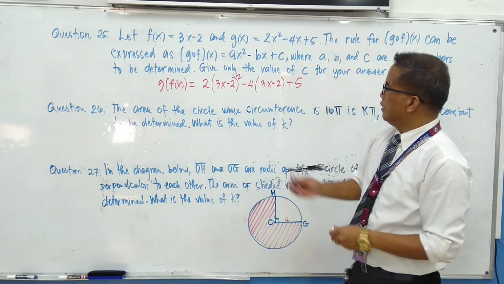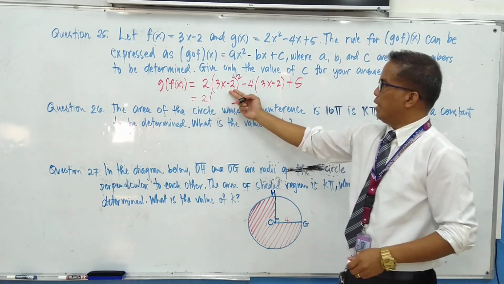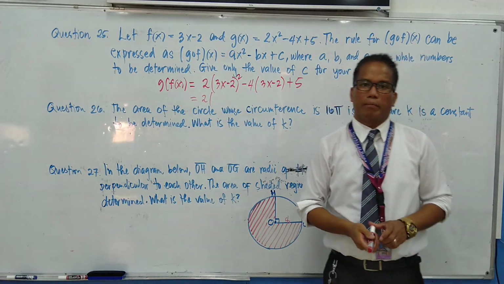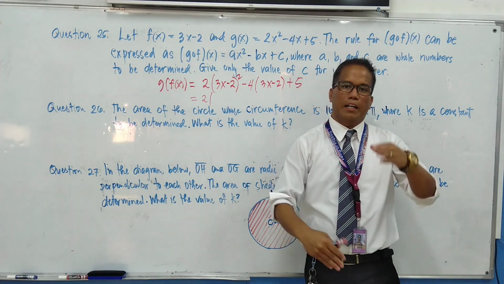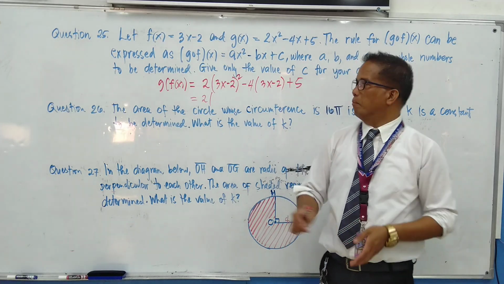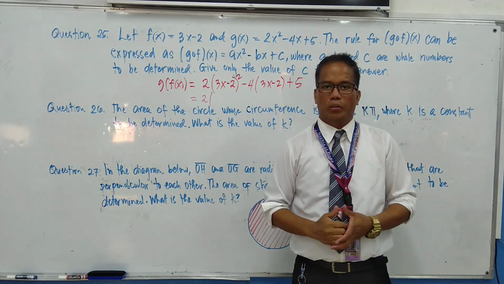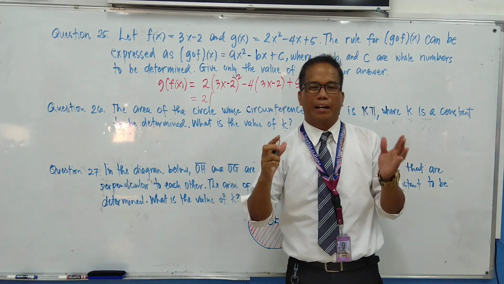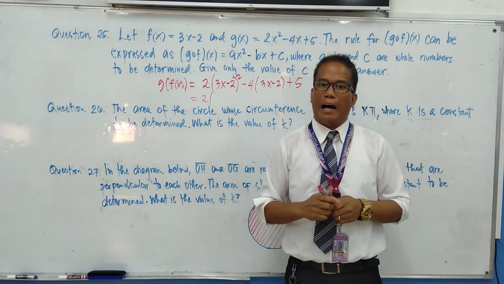Okay? Then simplifying, it equals 2 times this binomial raised to the second power. So the result will be a trinomial, and we will apply here the shortcut method. Instead of multiplying 3x minus 2 times 3x minus 2 and then using the FOIL method, we will do the shortcut. How?